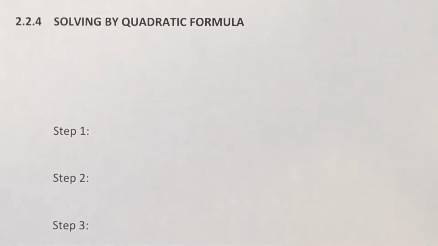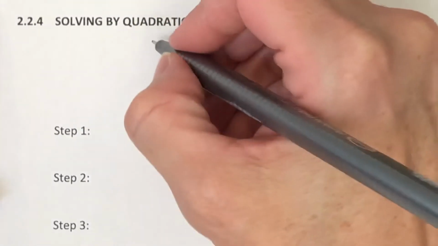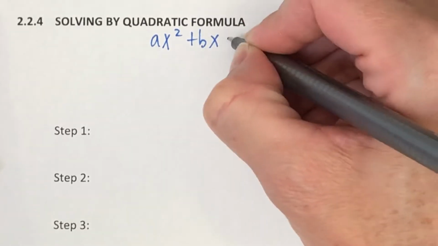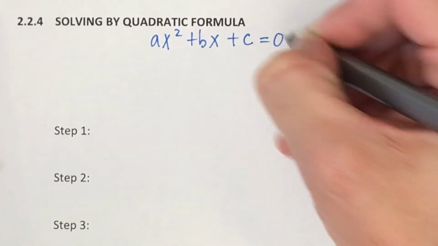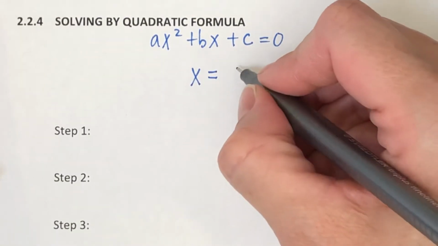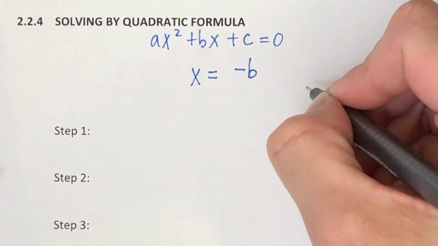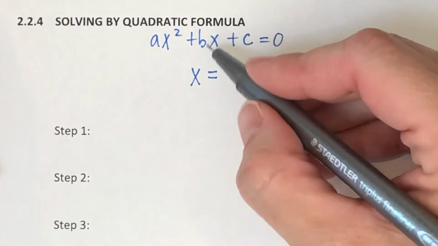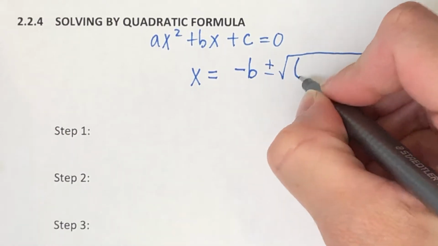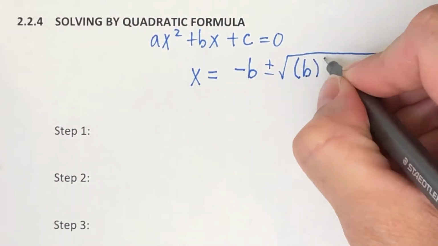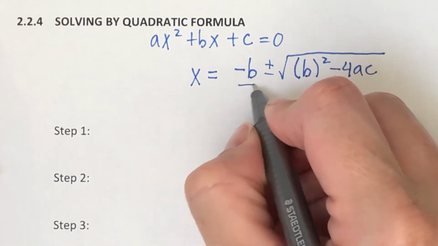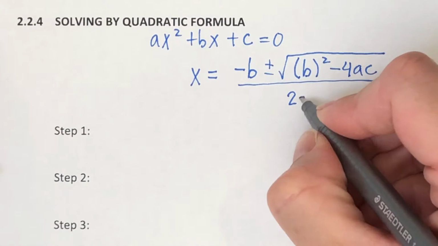The quadratic formula says this: if you have a quadratic in the form ax squared plus bx plus c equals 0, the solution is found by taking the opposite of your b term, or your x coefficient, plus or minus the square root, in parentheses, of b squared minus 4ac, the whole thing over 2a.